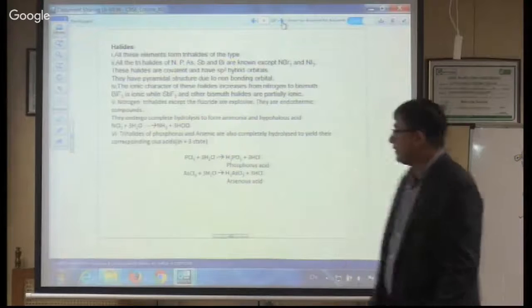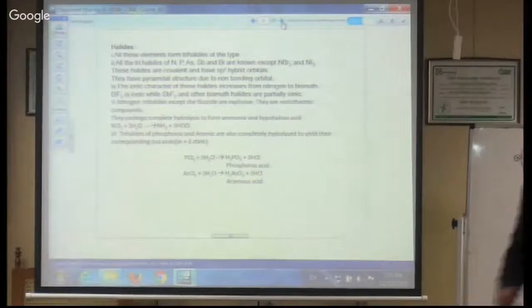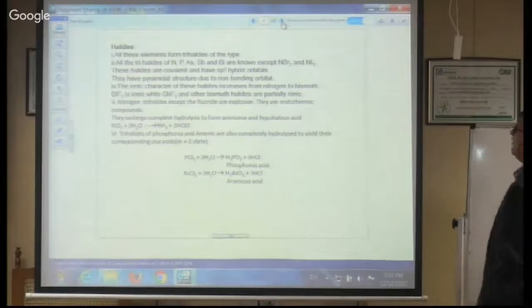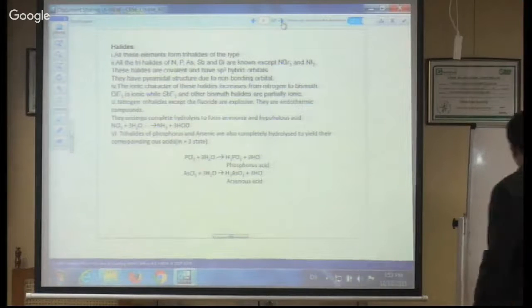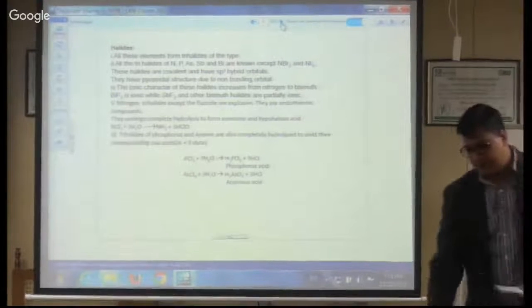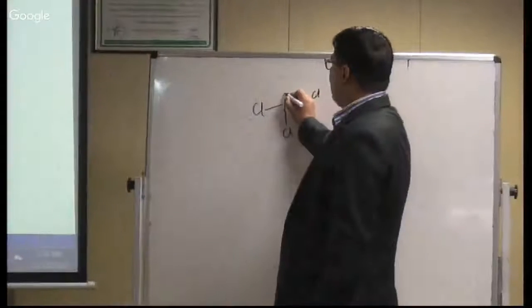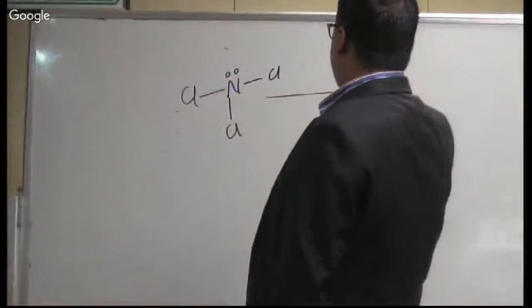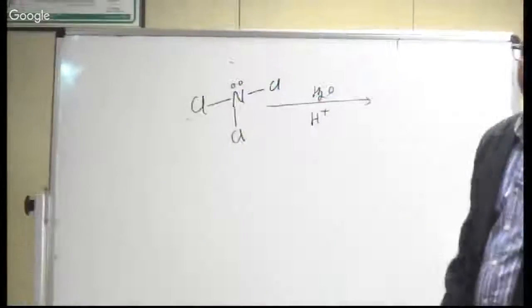Clear? Now, almost all halides when reacting with water will give hypohalous acid as well as ammonia. For example, NCl3. Hydrolysis of metal halides. NCl3 plus water. This is chlorine having one lone pair, and it is treated with water in the presence of H plus, acidic water.